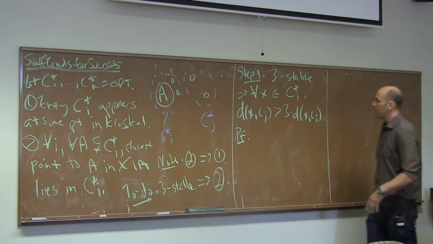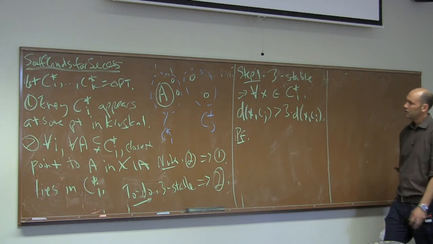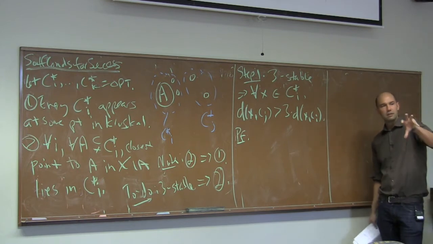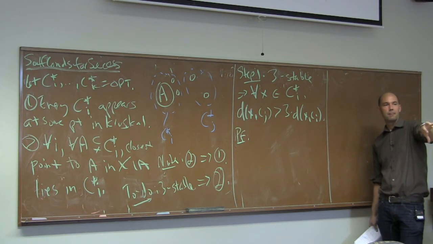What turns out to work well here, especially given the clue of the statement, is that we take the cluster c star i, and we blow up all the distances inside c star i by a factor of 3, the biggest that we can.